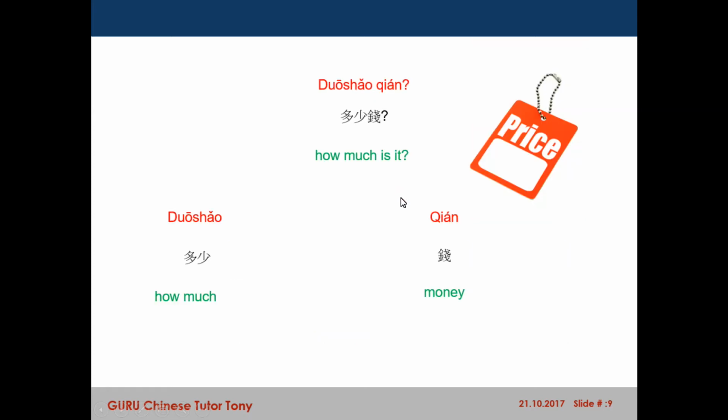Okay, so I'm going to ask how much: 多少钱. 多 means many, 少 means less, so put together we usually say how much. 钱, money, in Spanish dinero. So 多少钱, how much is it?